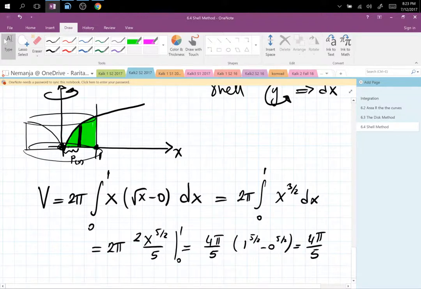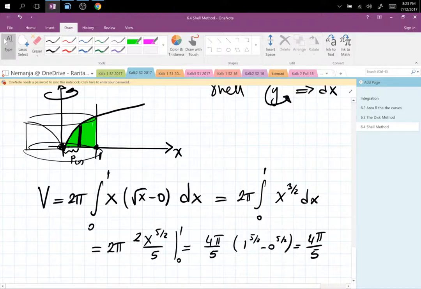Next, will this problem be possible to work out using disk method? The answer is yes. You have to use dy because rotation is on y. For disk method, if you have rotation on y, you have to use dy. But look at your dy. Your dy would be this way, which means you are using washer method, right?